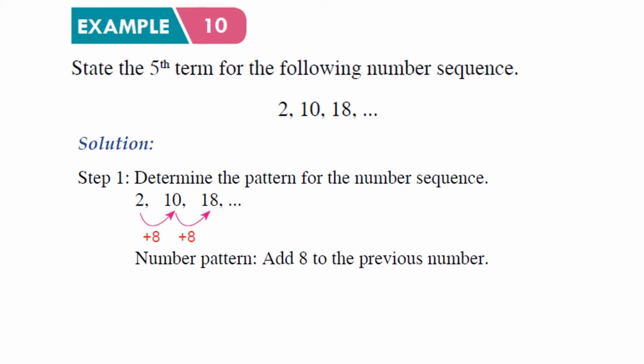Example 10. State the fifth term for the following number sequence: 2, 10, 18, and so on. In this example, we need to find the fifth term from the following number sequence.